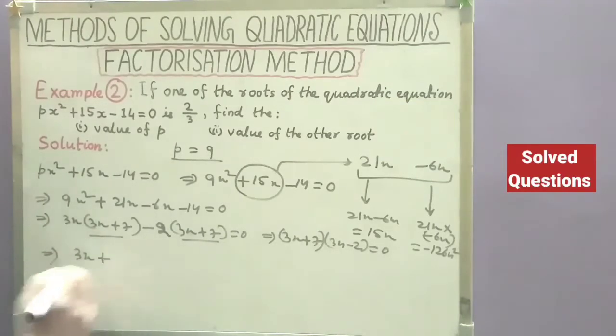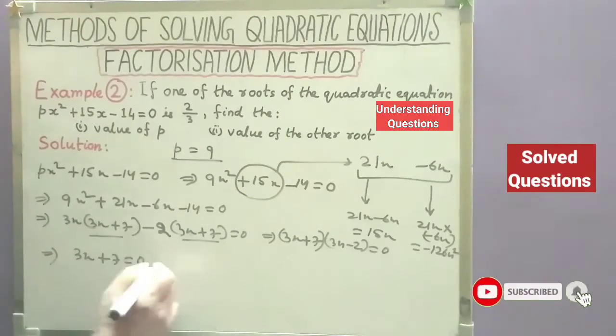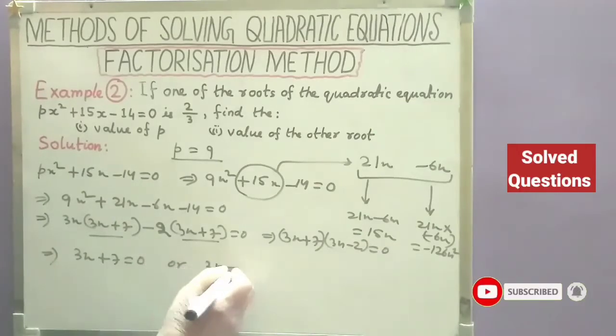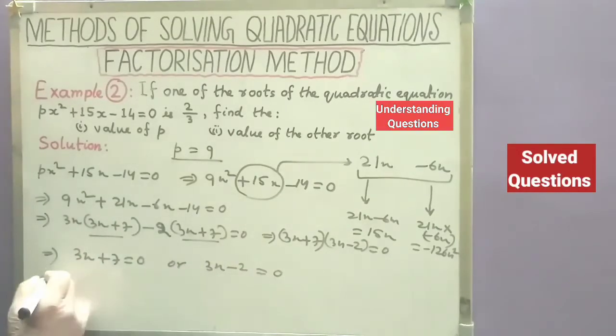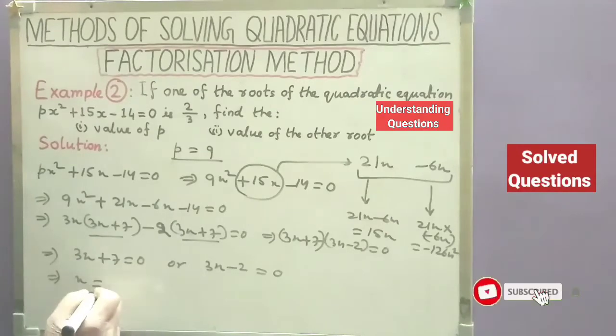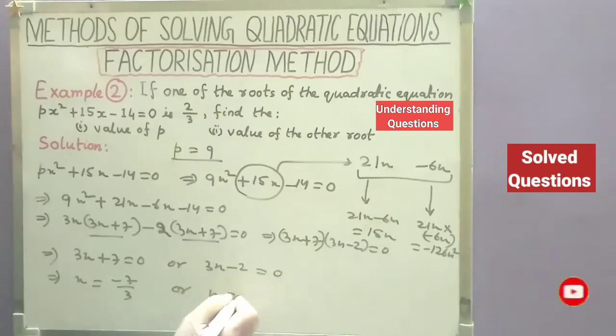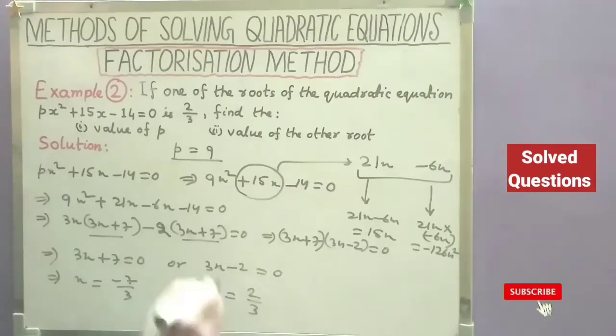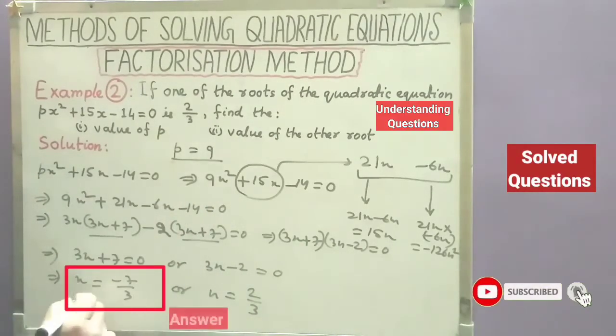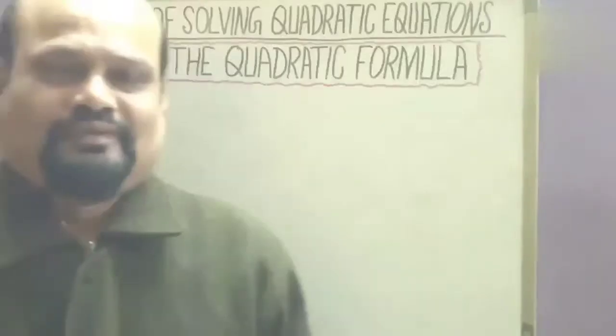That implies that 3x plus 7 equal to 0 or 3x minus 2 equal to 0. That implies that x equal to minus 7 upon 3 or x equal to 2 by 3. Hence, x equal to minus 7 upon 3 is the other root of the equation.